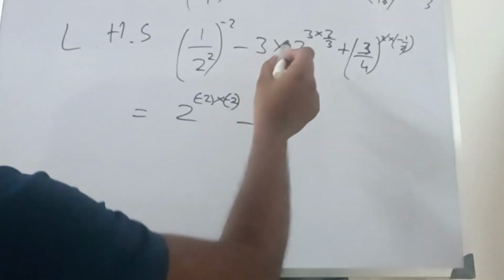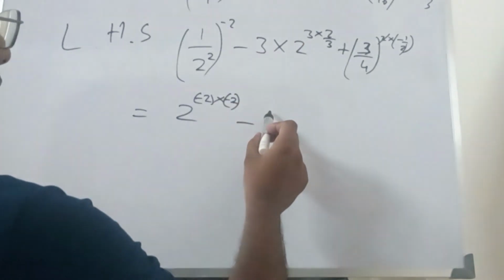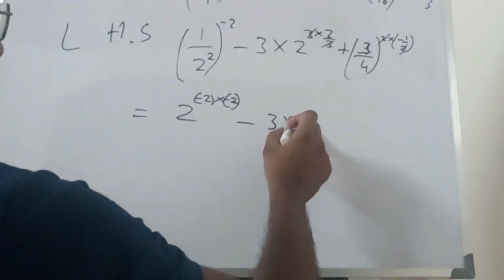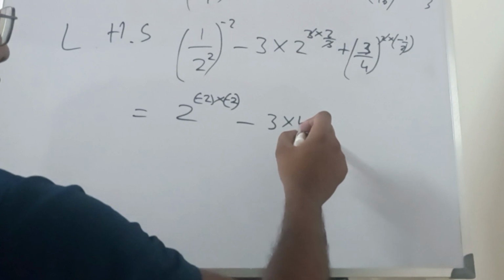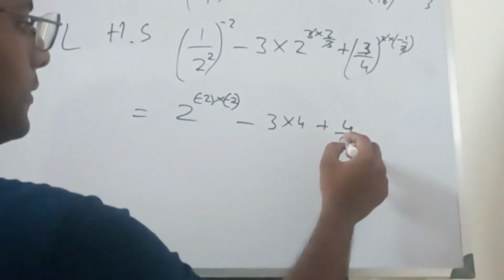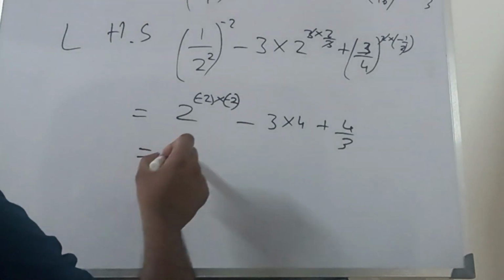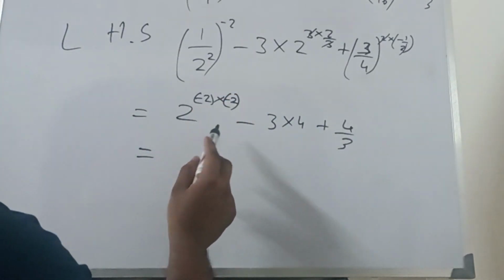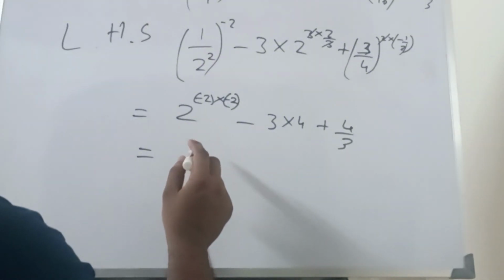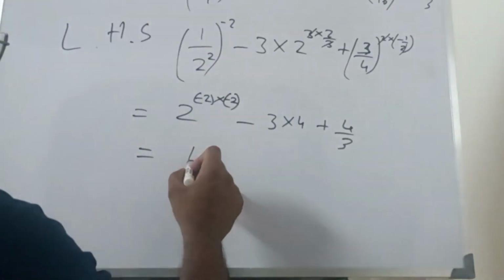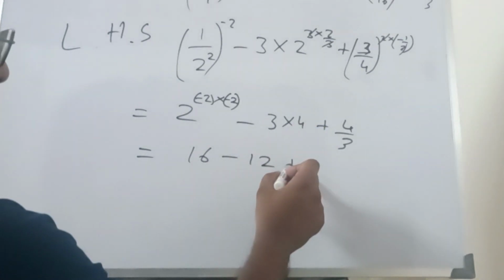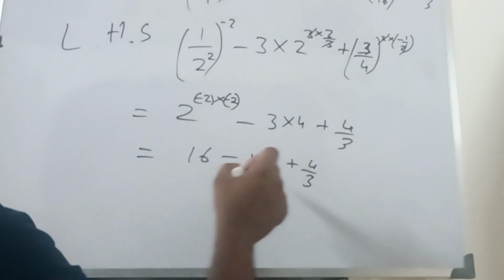And this becomes 3, this 3 and 3 gets cancelled, into 4 plus 4 by 3. So this will be a positive, so the plus 4. So this is 2 raised to the power 4, 2 to the 4, 4 to the 8, 8 to the 16. So 16 minus 12 plus 4 by 3.